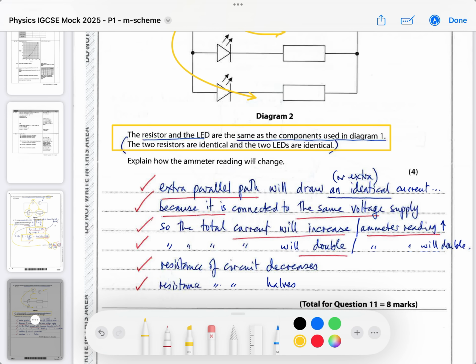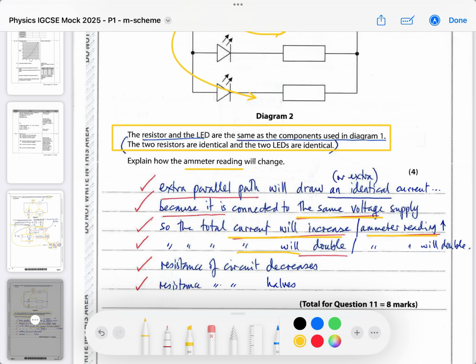So if you realize that both paths have exactly the same voltage, which is the voltage of the supply, which was 1.5 volts, then the total current will increase. Or you could say the ammeter reading will increase, because that's how they have put the term in the question. How will the ammeter reading change? It will increase.